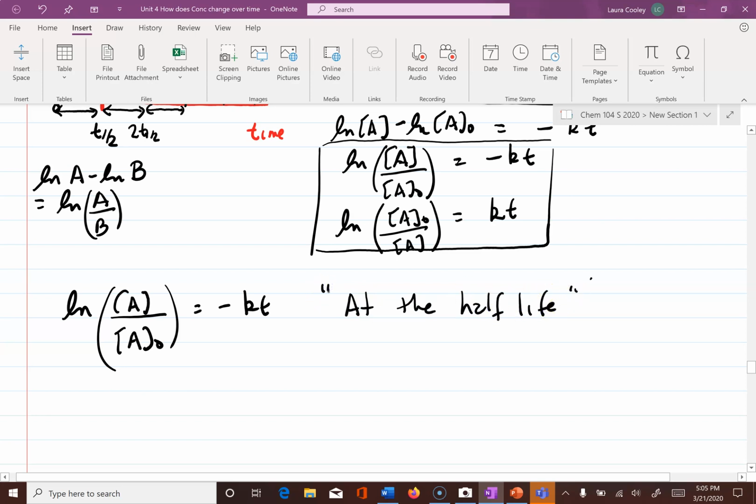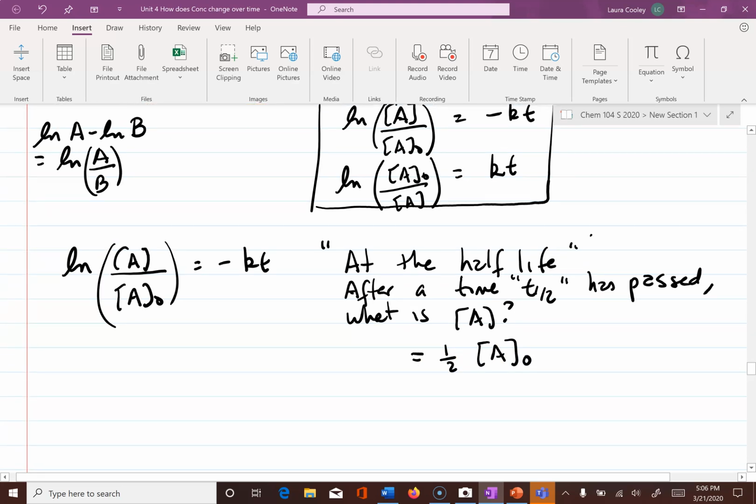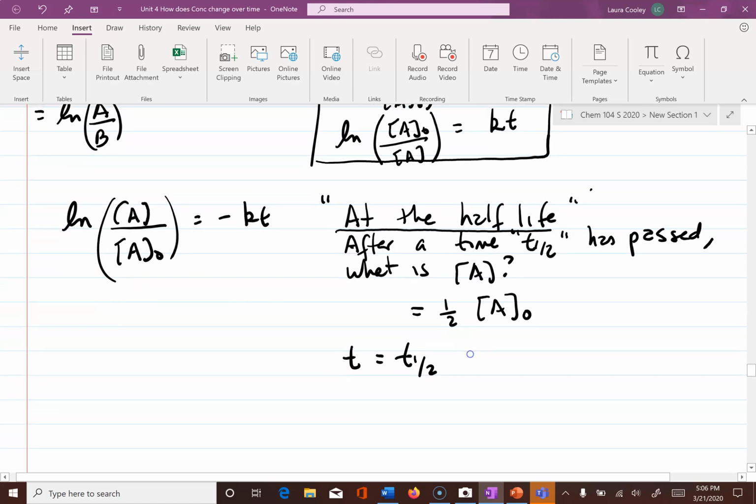In other words, after a time T1/2 has passed, what is the concentration? Well, it's equal to 1/2 of the initial concentration, so it's A0 over 2, or 1/2 A0. So at the half-life, t equals T1/2, and the concentration of A is the initial concentration over 2, or 1/2 A0.